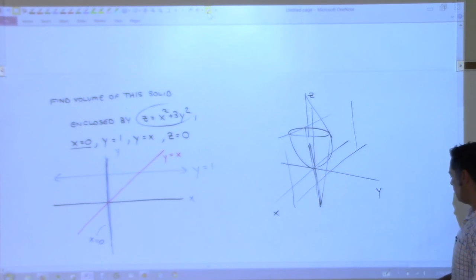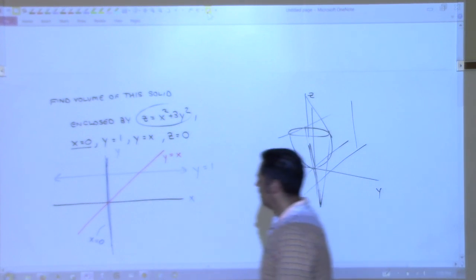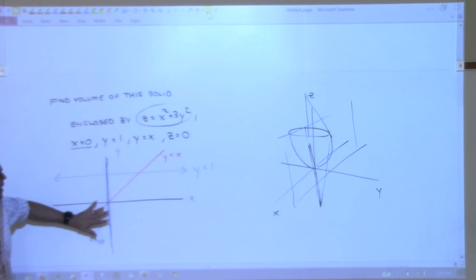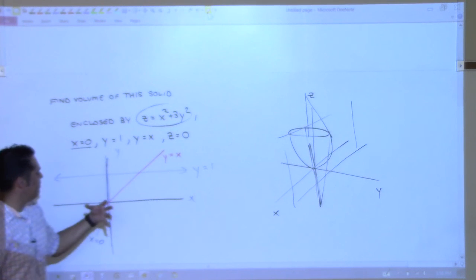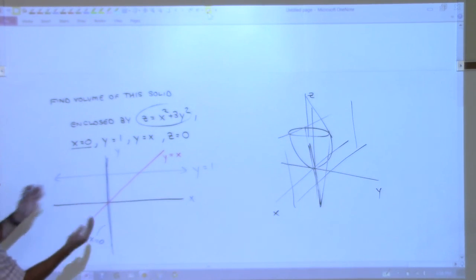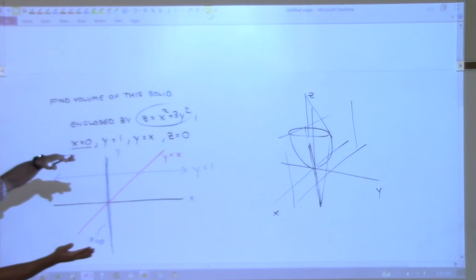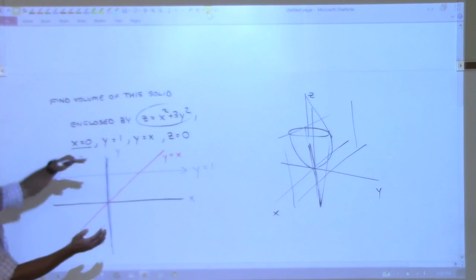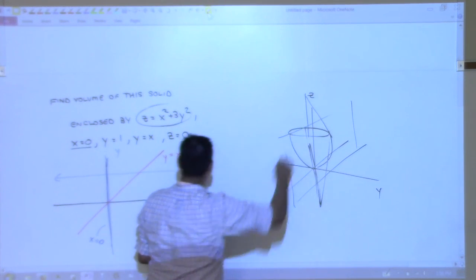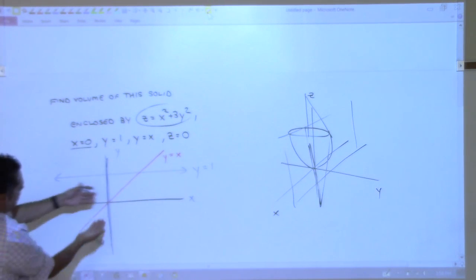And z equals 0. Z equals 0 is where? The whole XY plane. And then this part is the bowl that's above it. Can y'all visualize the bowl coming out of the page like this? We're kind of looking straight down. We have this bowl that comes up like that.